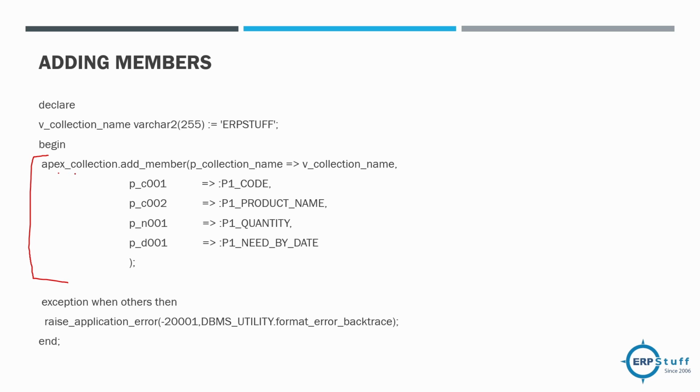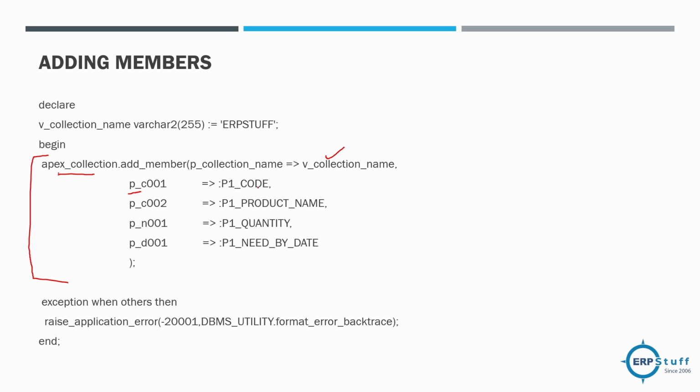So Apex collection is the same API, add underscore member. Now in add member, this is the collection name, same coming from the variable, right? Collection name. And then P is just a parameter, and you have to write like this because this is the API parameter. C001, right?